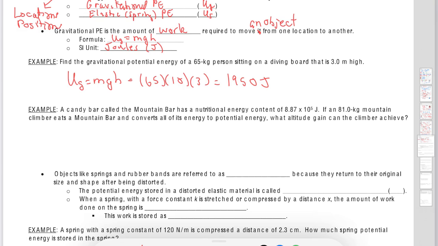The next question talks about a candy bar called the Mountain Bar, which has a nutritional energy content of 8.87 times 10 to the 5th joules. When we eat food, the amount of joules we take in is the amount of calories that we eat. One Calorie with a capital C is 1,000 lowercase calories. In fact, our food Calories are actually kilocalories.